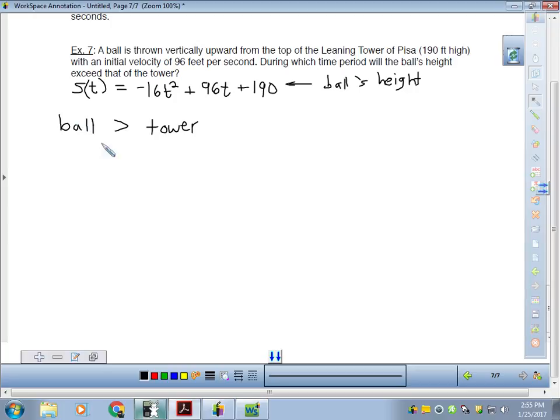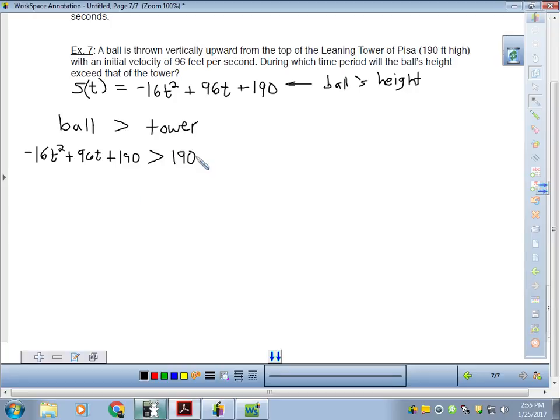Well, if we fill in our equation for the ball, we have negative 16 t squared plus 96 t plus 190 greater than. How big is the tower? Well, again, the tower is 190 feet. So there is our inequality that we want to solve.